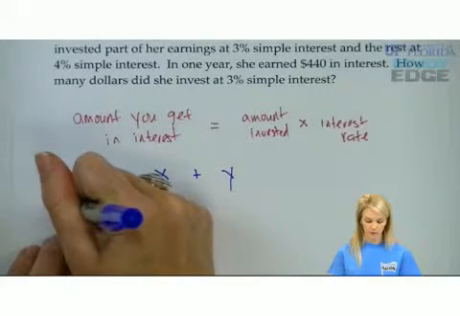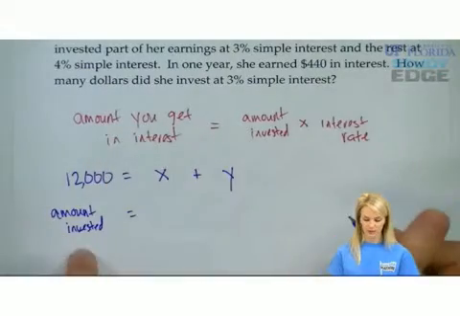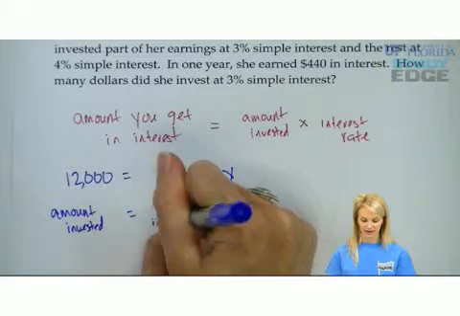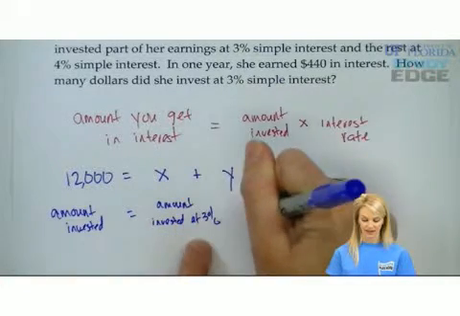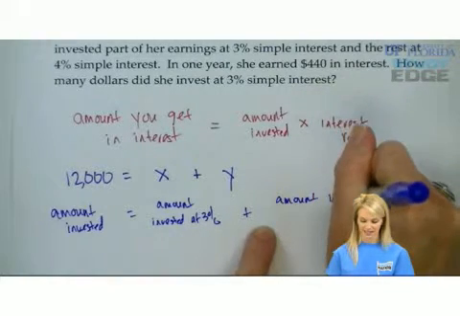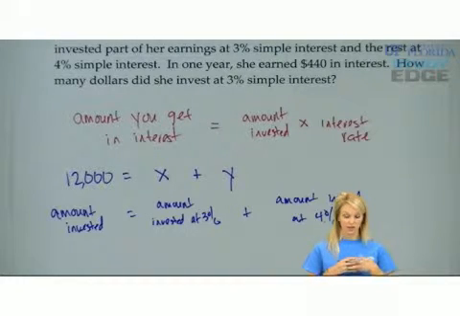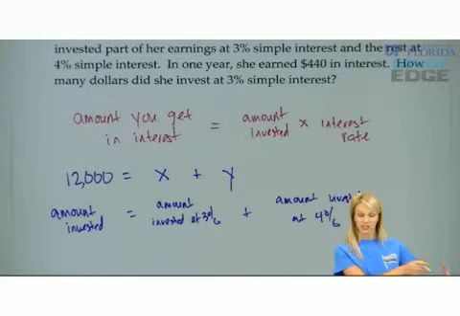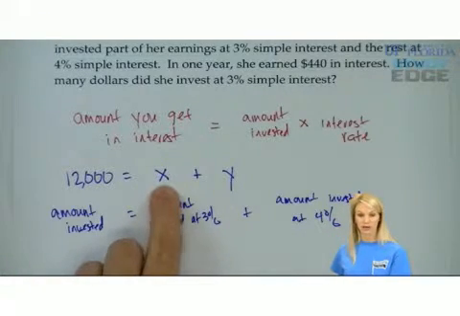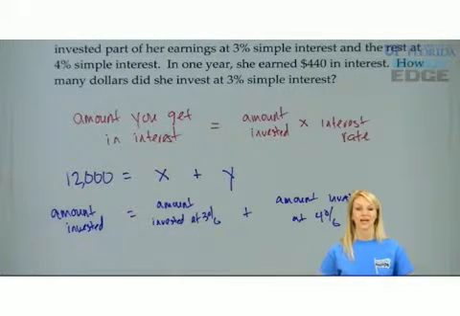So the total amount invested is equal to the amount invested at 3% plus the amount invested at 4%. She's got her $12,000 and she's saying, all right, I'm putting some of that money at 3%, I'm putting the rest of it at 4%. Well, the total amount that she invests at 3% plus the total amount that she invests at 4% is the total amount of money that she has to invest.